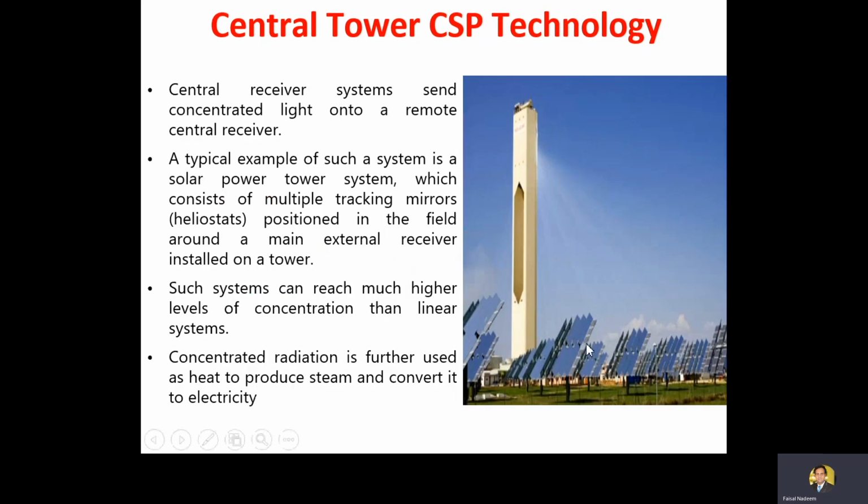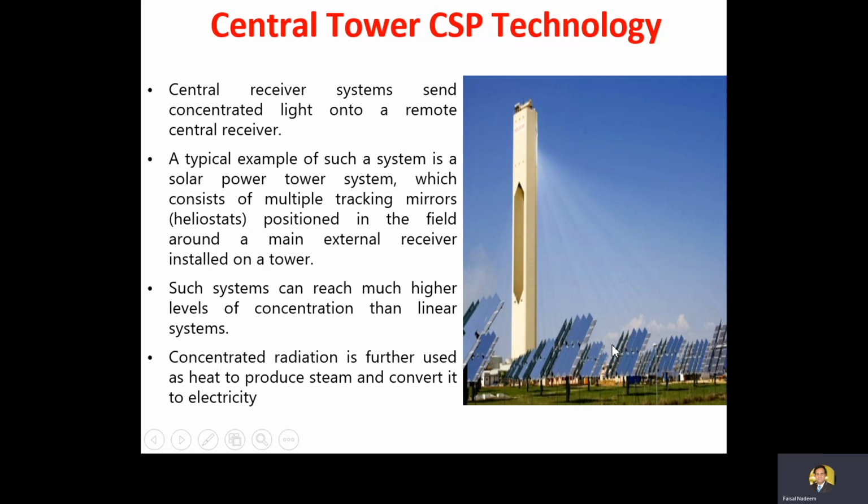What this means is that we are not performing any 3D tracking with this system, because these heliostats are not always moving with the movement of the sun. So to compensate for that efficiency drop, the size of the field where the heliostats are placed is increased.